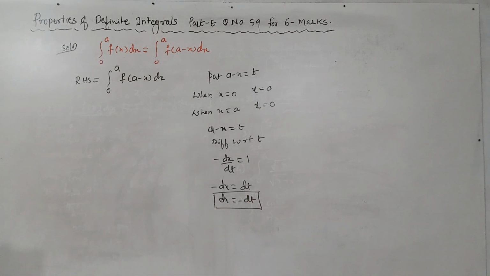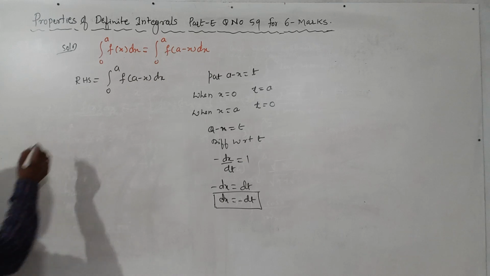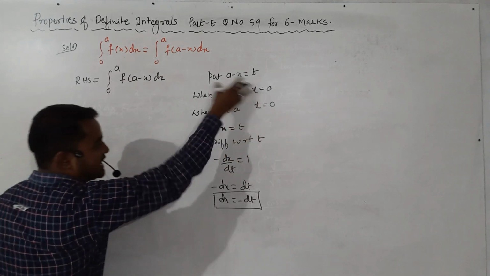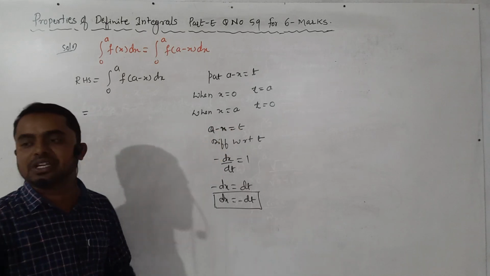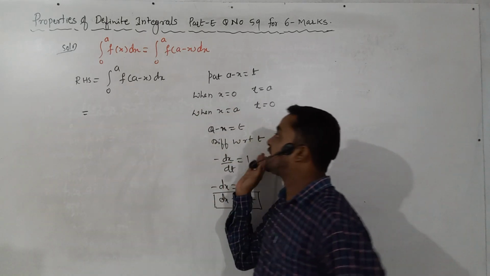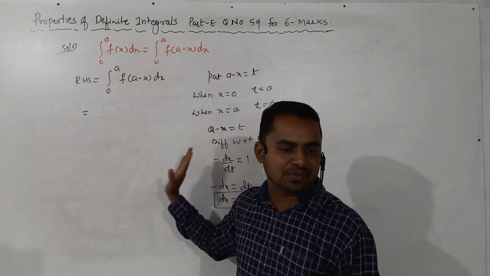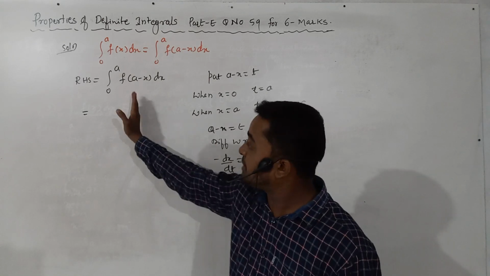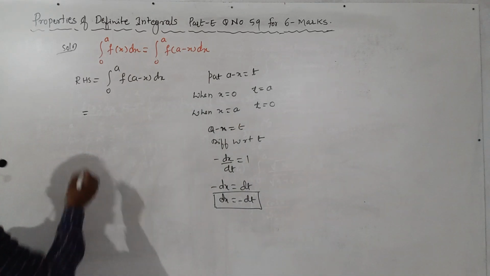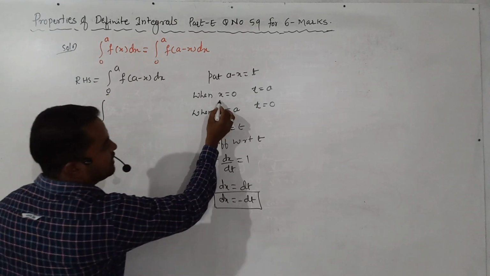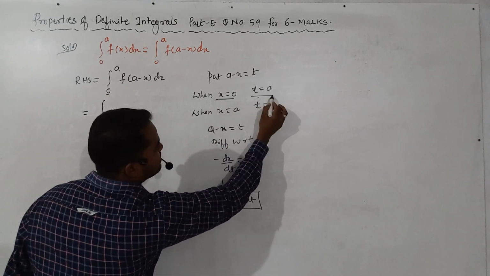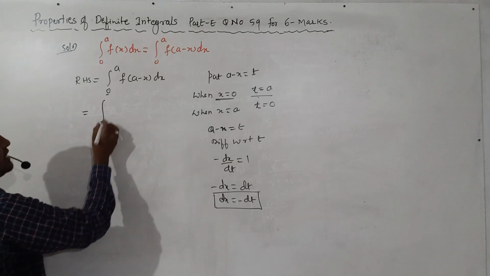Now come to the RHS. Whatever substitution and limit interchange we did here, we use in the proof. The limits 0 to a: when x is equal to 0, the value of t is a.